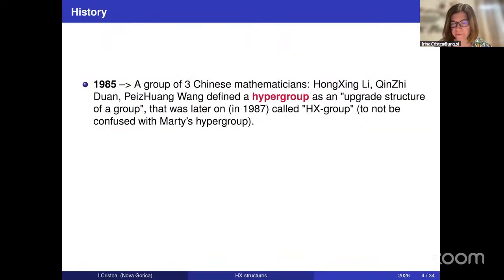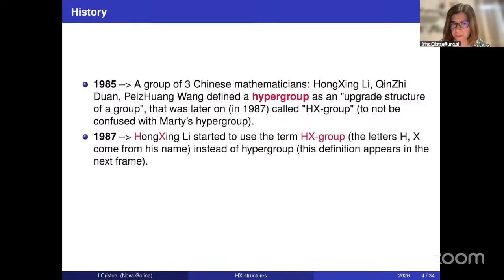In 1985, a group of three Chinese mathematicians defined a hypergroup, so again the same term was used, hypergroup, as an upgraded structure of a group. But later on, in 1987, since they discovered Marty's and other publications on Marty's hypergroup, they changed the name and called them HX groups.